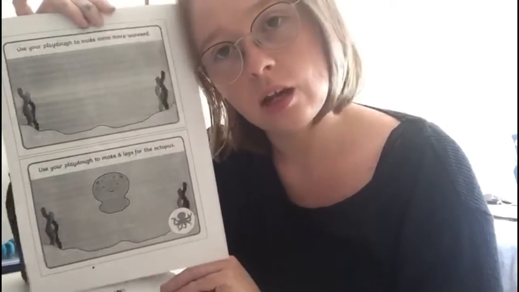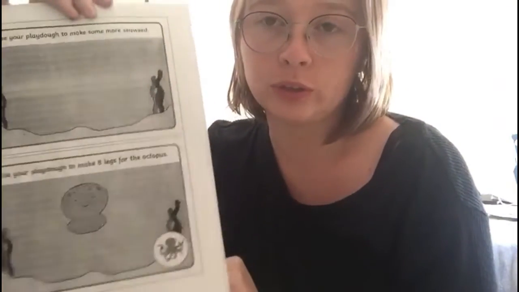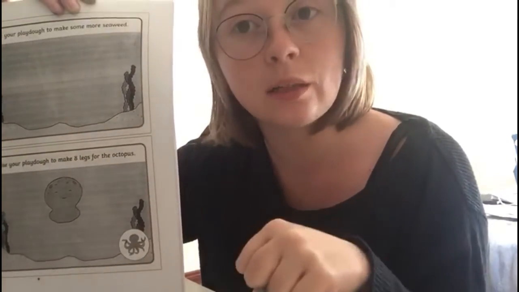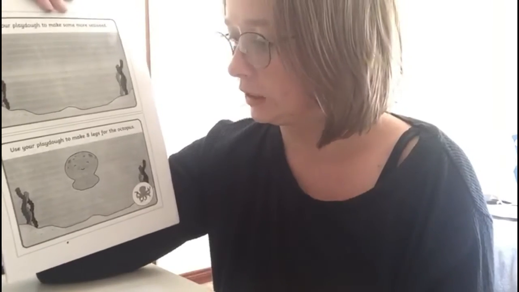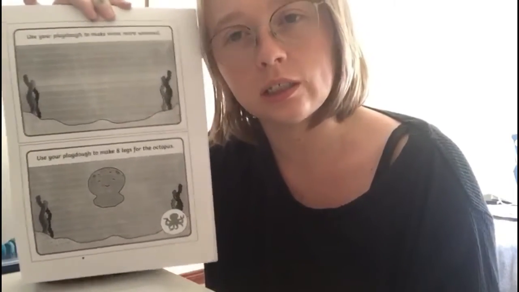Okay, so the first activity that we have is our Play-Doh mats. Now last week we started off with Play-Doh mats, looking at the different numbers 0 to 10 that we can make with Play-Doh, as well as make balls to show how many the number is. But for today, what I want us to start doing is to see if we can use Play-Doh to complete the image or finish a picture in our heads.